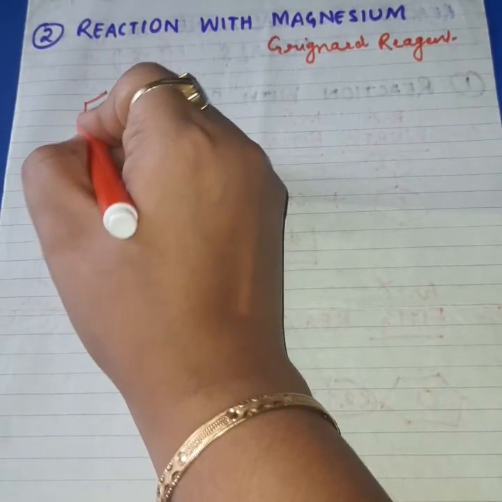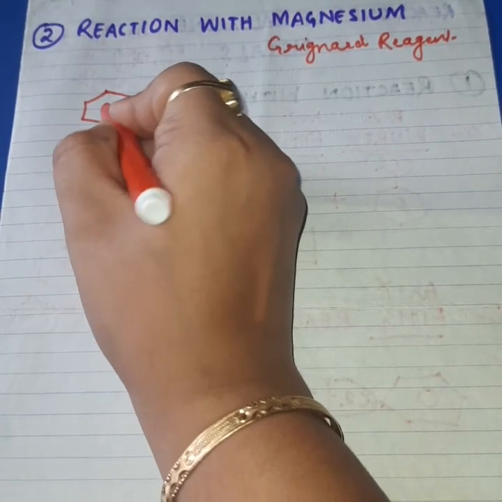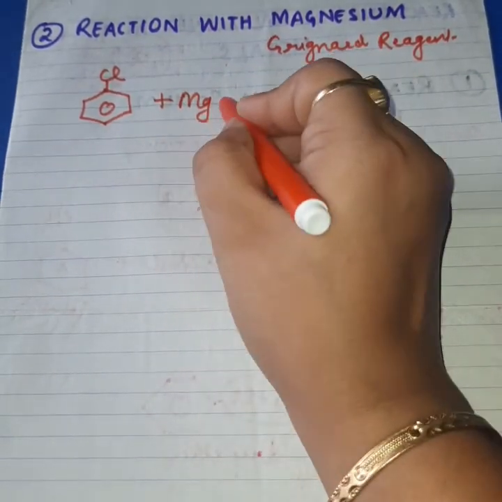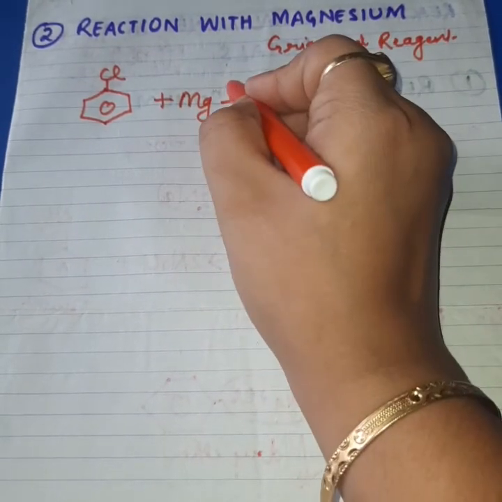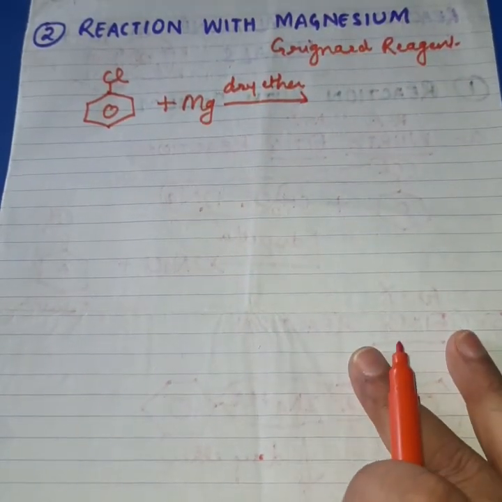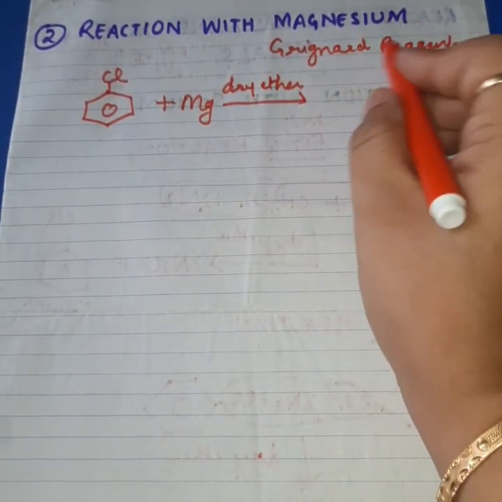So let us see, taking chlorobenzene as the haloarene example, reacting with magnesium. This reaction takes place in the presence of dry ether to stabilize the compound, and it results in the formation of Grignard reagent.